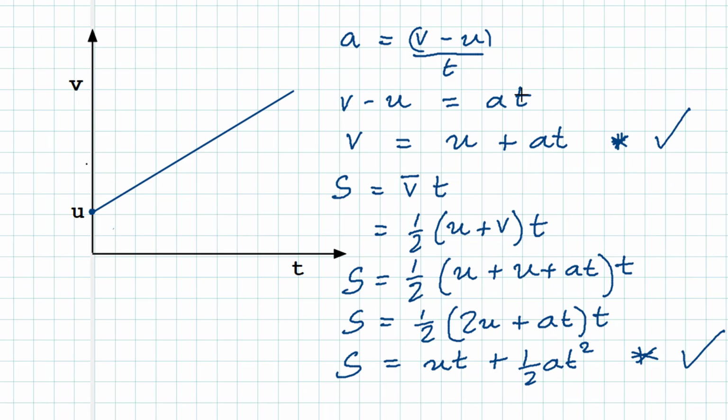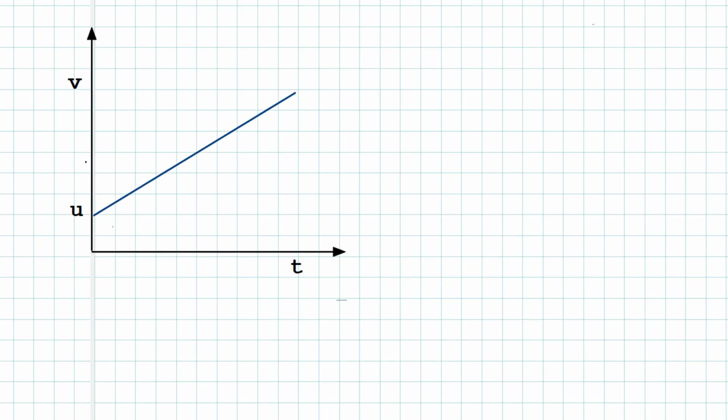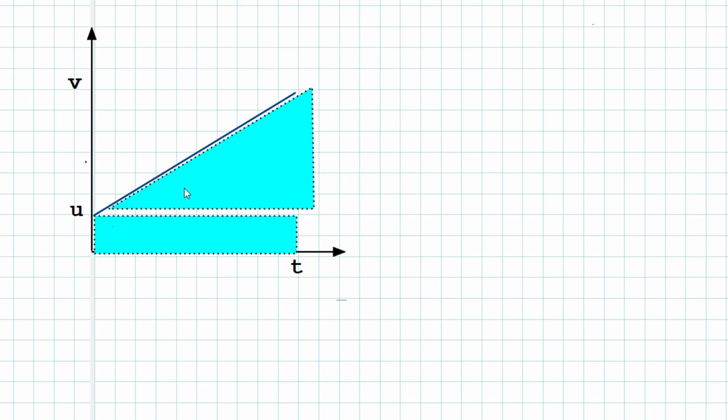Now, would we get the same answer if we were to work out the area of the velocity time graph? Well, let's see. The area of this velocity time graph we split up into two parts. There's our first part here, our rectangle part, and there is our second part, which is our triangle part.